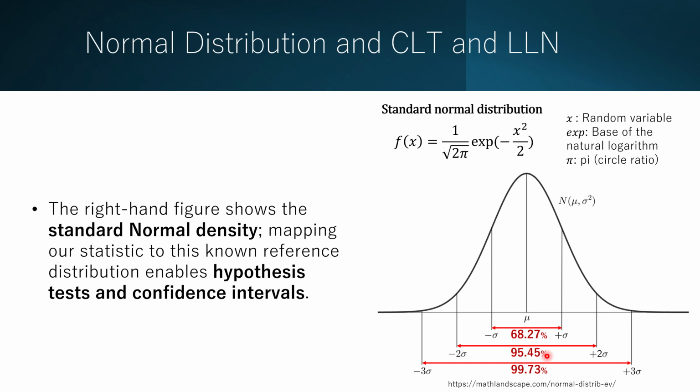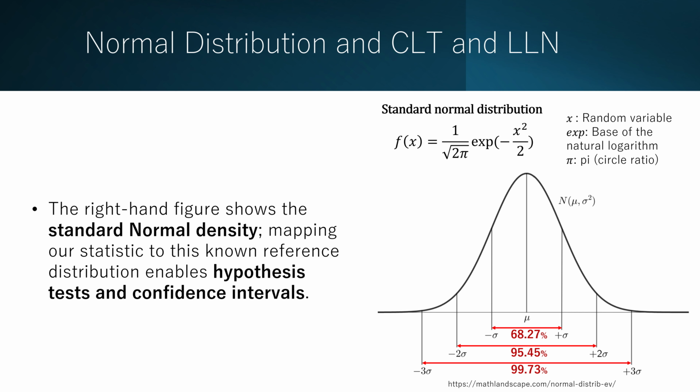In this figure, we can see that about 68% of the data fall within one standard deviation, minus sigma to plus sigma. And 95% of the data fall within 2 standard deviations, minus 2 sigma to plus 2 sigma. And 99.7% within 3 standard deviations.